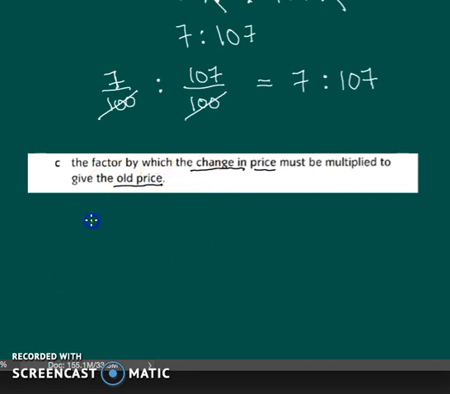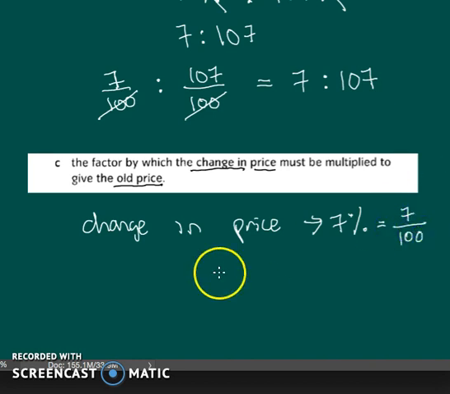Okay, so what was the change in price? It was, change in price was 7%, or rather 7 over 100, however you want to call it, and the old price was 100% before we did anything.